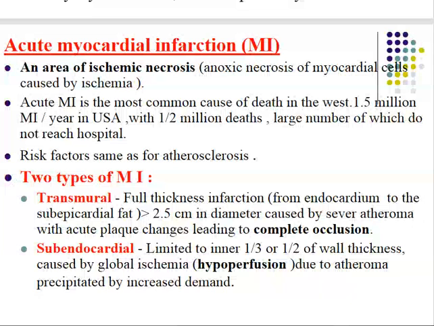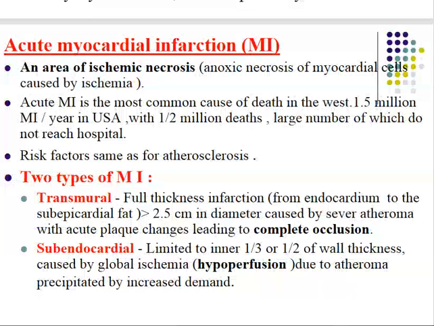There are two types of myocardial infarction, the first being transmural. Transmural means the entire thickness of the wall of the myocardium is involved by the necrosis. So there's a full thickness infarction from the endocardium to the subpericardial fat.